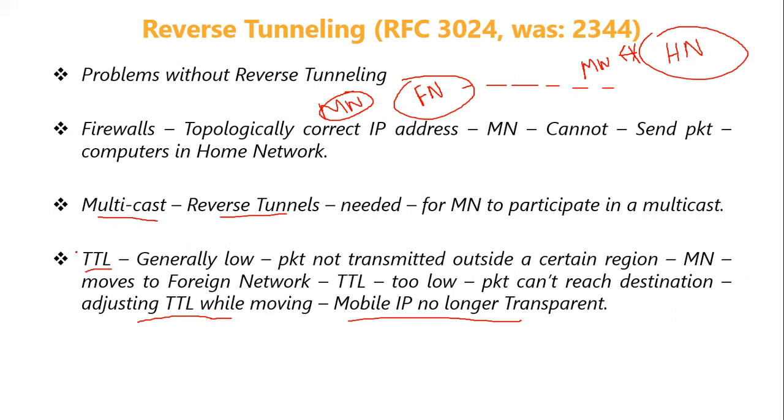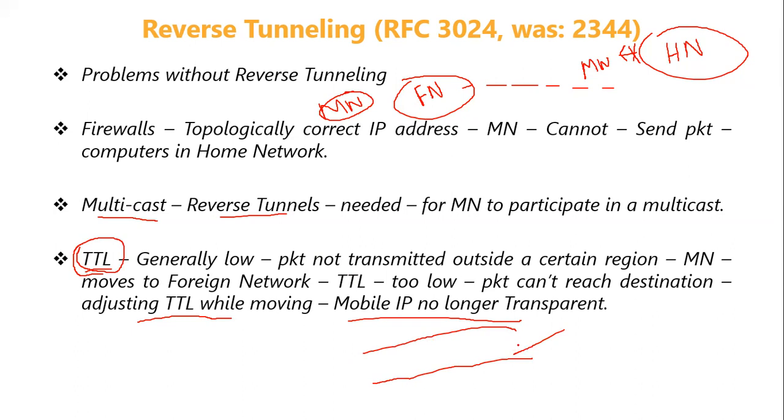So it means that we don't want to increase the TTL value, but still, when the mobile node is in the foreign network, it should be able to send packets to the home network. That is also possible by tunneling or reverse tunneling, because a tunnel is just considered as one hop.